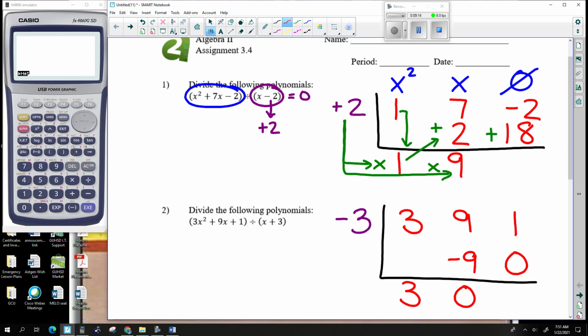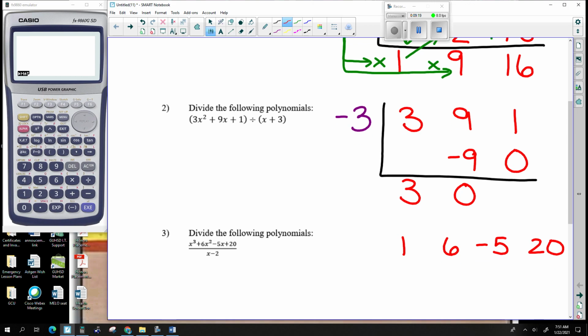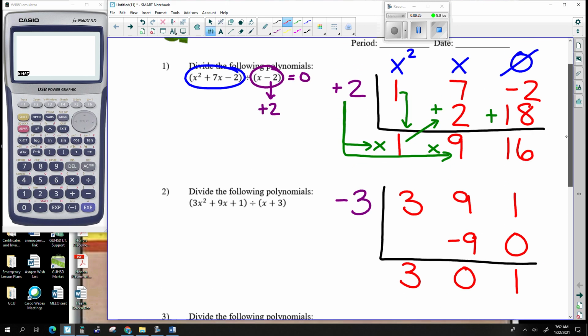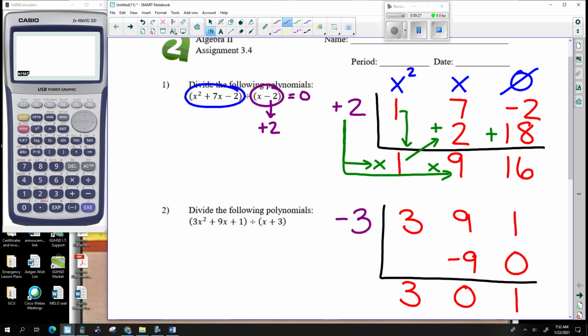So -2 plus 18 is 16. 1 plus 0 is 1. And that's the process of synthetic division. So you drop that first number, you multiply all these outside numbers, and you add all these inside numbers as you go along. You multiply the outsides, and you add the insides.